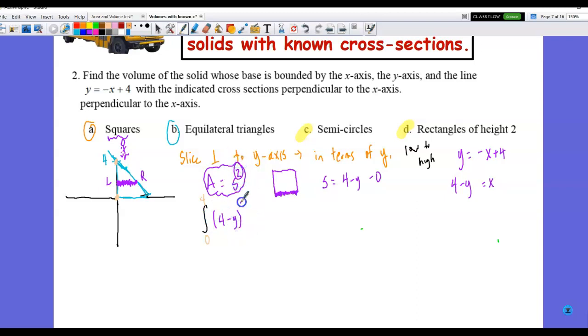I have to square it because that's my formula for the area of a square, dy. One more step would be 0 to 4, square the binomial, 16 minus 8y plus y squared, dy, and then FTC part 1.